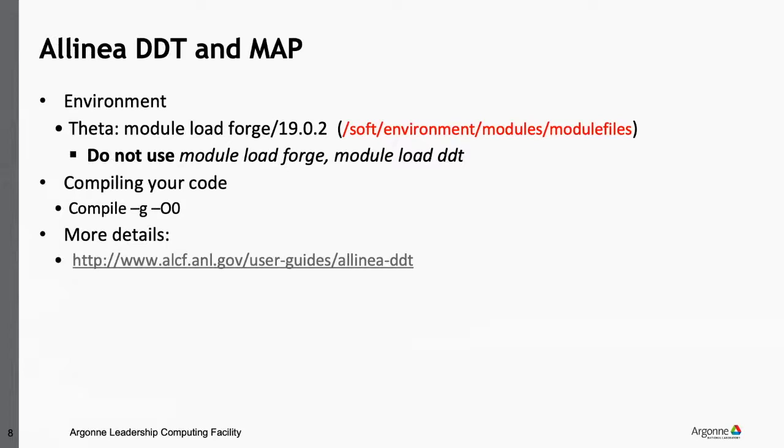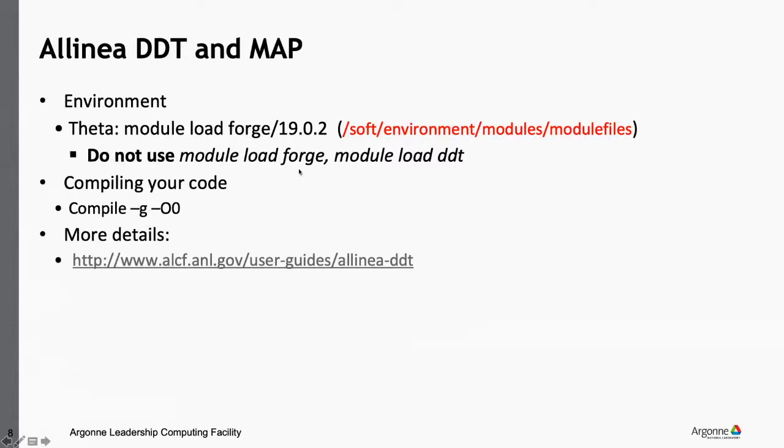Each bunch of modules is in a different directory path. And the section with our site installed Forge is the section of soft environment module files. It's not the one from Cray. This section is the one that you're interested in.